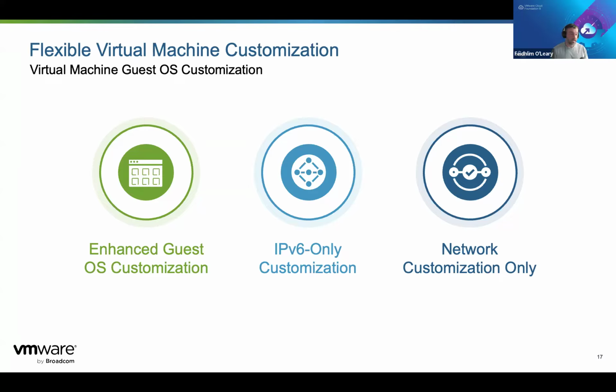Now you can just do straight IPv6 out of the box. And we also allow for just customizing the network of a VM. This can be part off or part on VM. So this allows for simplified real-time networking changes. Very useful if you're needing to re-IP a virtual machine, for example.